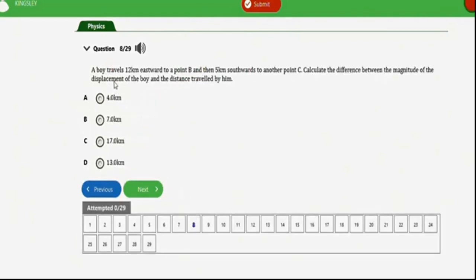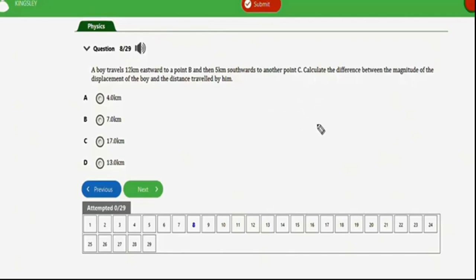It says, a boy travels 12 kilometers eastward to a point B and then 5 kilometers southwards to another point C. Calculate the difference between the magnitude of the displacement of the boy and the distance traveled by him. Alright, so for this particular question, we're going to use the resultant formula to solve it.